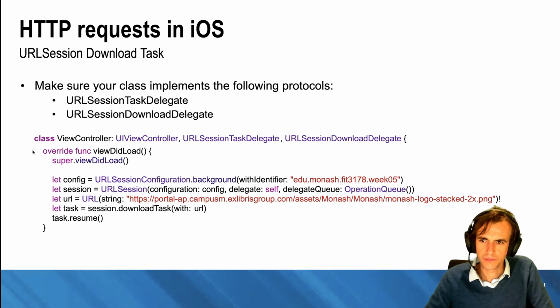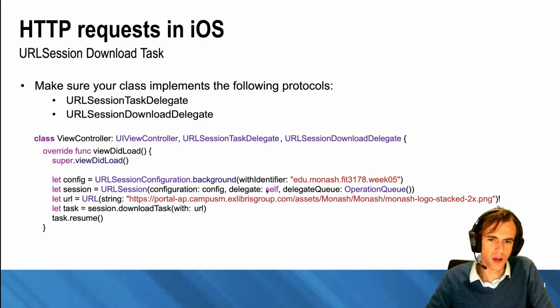And this is us creating a new background URL session configuration. We give it a particular identifier. We create a session using this configuration. So this is different than where we used the shared session in the past. And as part of creating a session, we both give it the configuration, which is on the line above, but the key thing here is we give it a delegate.